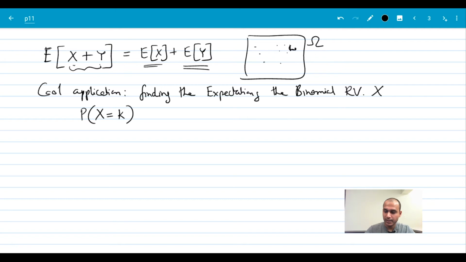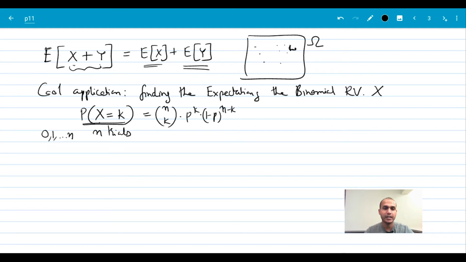It captures the number of heads you can land in n trials, and the number of heads can be 0, 1, all the way to n heads. In general, for k heads, we saw this formula: n choose k, the combination short form, times p to the power k times 1 minus p to the power n minus k. This was the probability of the random variable taking a value k, and k can be between 0 and n. Now I want to find its expectation.